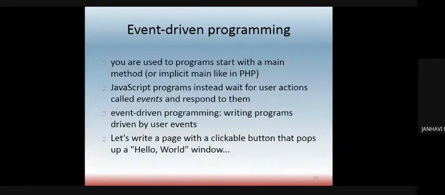You are used to programs that start with the main function. Mostly when a program works, it starts with the main function, like in PHP, which we are going to study later. But what do JavaScript programs do? They wait for the user action. Whenever the user clicks, only then the program runs and you see the output.